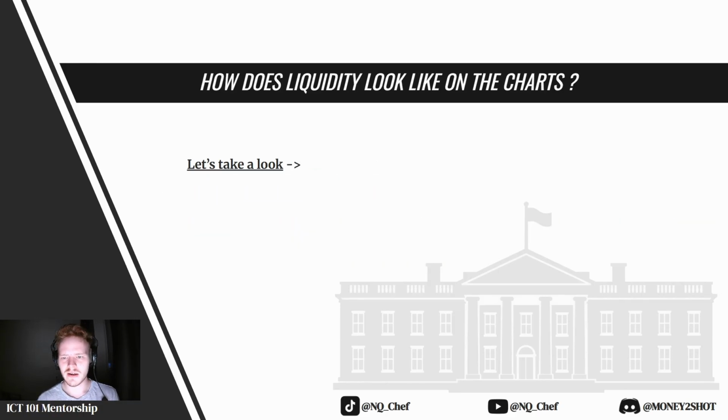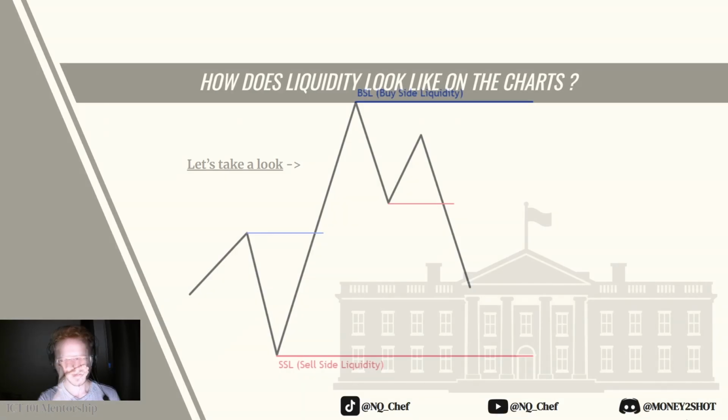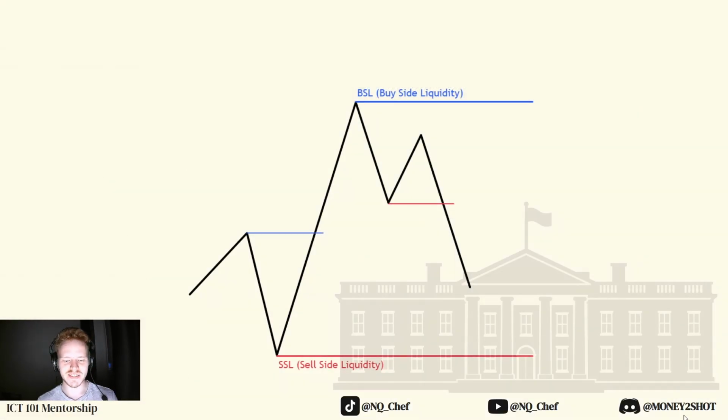How does liquidity look on the charts? Let's take a look. Here's our basic example. Your price makes a higher high, lower low, higher high. Generally speaking, not going into the specific price action, if we create a low and then displace from it, we're going to be building sell side liquidity. And we can mark it by just saying SSL, sell side liquidity.